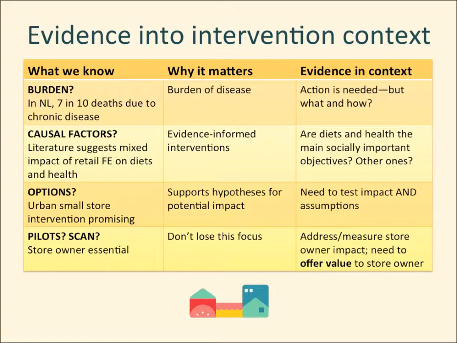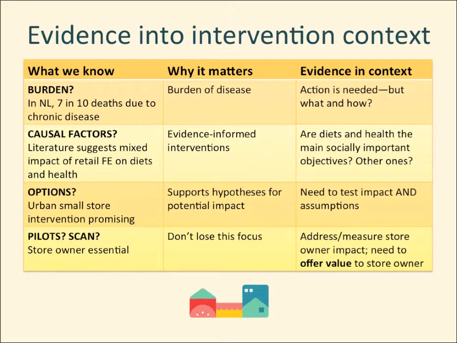So the literature tells us that urban small store interventions are really promising. This seems to be one of the biggest areas where we're showing effects on diets and health in terms of specific interventions related to the retail food environment. So why this matters is that we're able to draw from this literature some ideas about potential impacts.